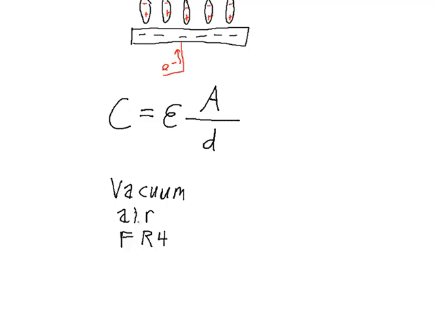It's basically a glass reinforced epoxy that circuit traces are built upon. And something with a very high capability of being polarized is barium titanate, which is used in supercapacitors, and we'll talk about supercapacitors in a later video.